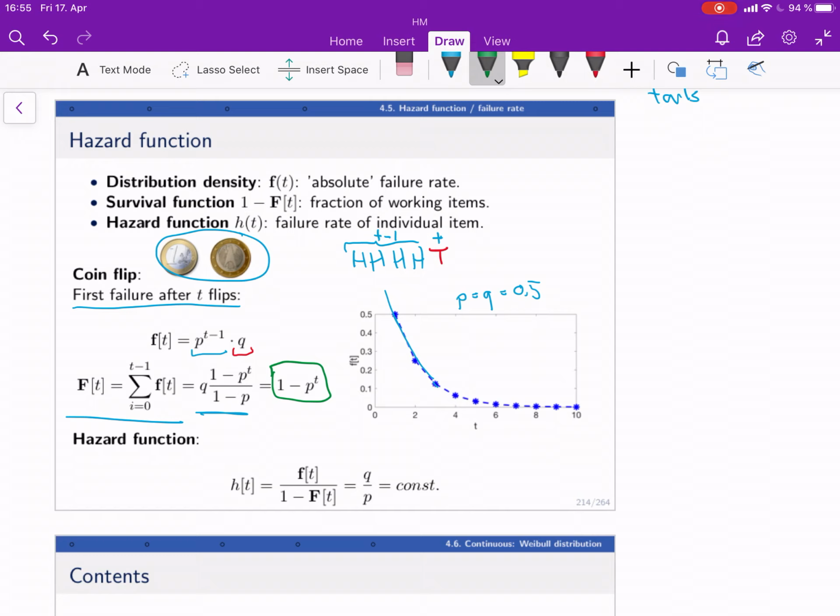So the hazard function, when we calculate that for our coin flip, is the density, the PDF, divided by the survival function.